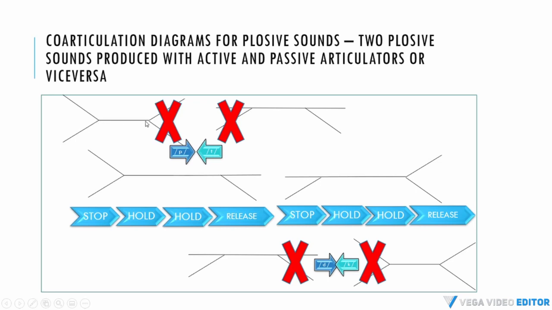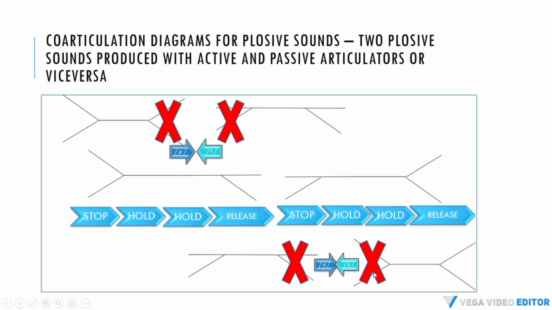There's going to be a hold phase, and at the same time, the tip of the tongue is going to move to the alveolar ridge, and then there will be a release of the contact between the alveolar ridge and the tip of the tongue. This is the case for combinations like p and t, or for example b and t, or b and d, and p and d.